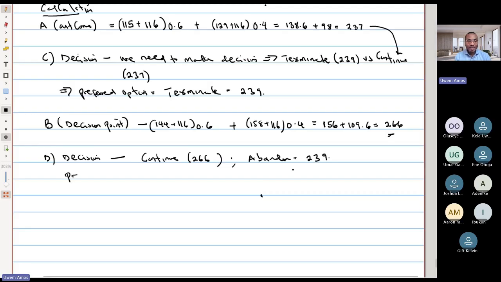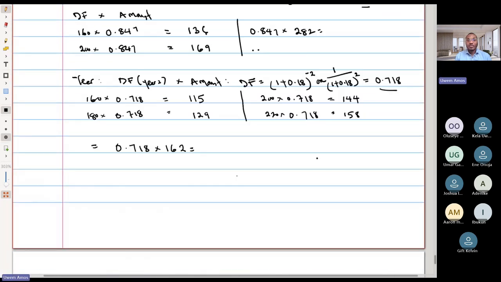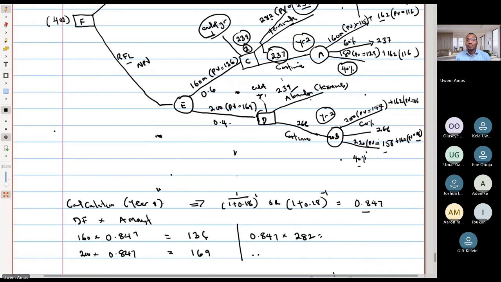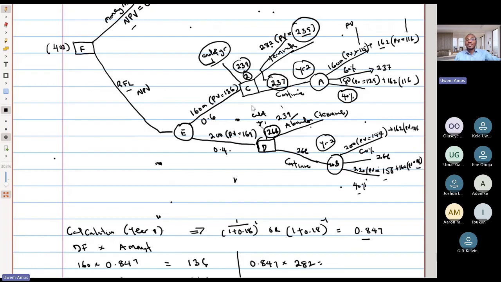Continue under that line because 266 is higher. Continue. So that means that right here, our decision is 266. Okay, guys. So we've solved up to point C and D.